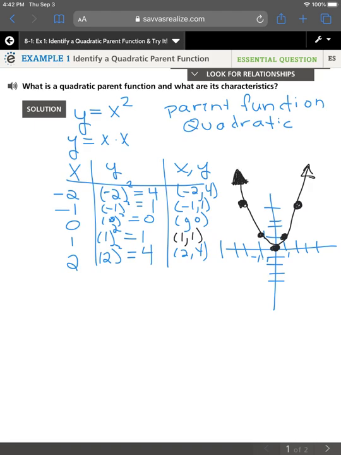But it does behave very similarly. So for this one, it is good to know all quadratics are U-shaped. Our whole next unit is more about quadratics, and we will learn a whole lot more about quadratics next unit. For now, we're just going to look at how transformations change this graph and move it.